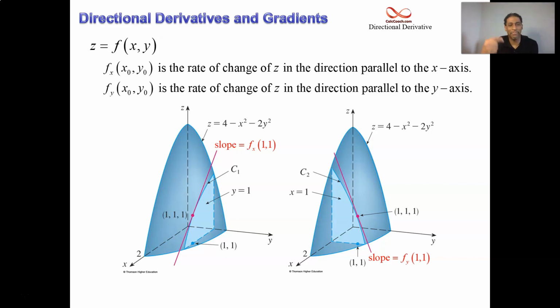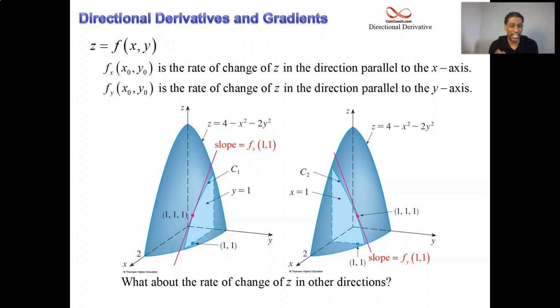If you're standing at that point, 1, 1, 1, you could step in the direction of the x-axis or the negative x-axis. You could step in the direction of the y-axis or the negative y-axis. And so what about other directions? You see, these directions should be tied to a vector.